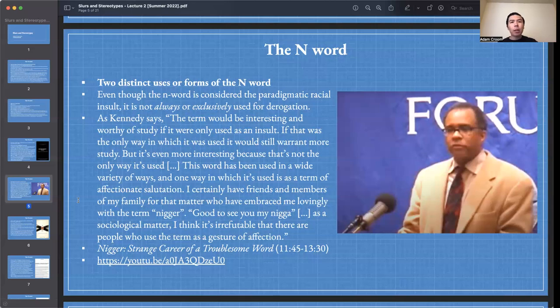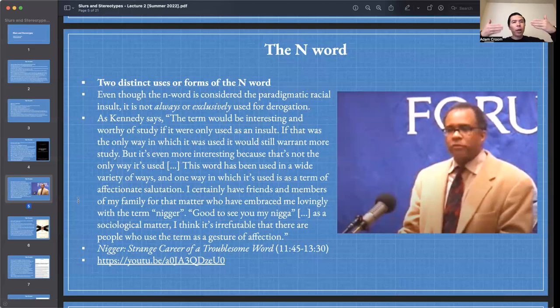Or maybe it's related to speaker identity. So when a certain type of person uses the relevant slur, it has a pejorative meaning, but when a different type of person uses it, it has a non-pejorative meaning. We want to be able to ask these different questions and come up with some systematic rules for how speakers know when to use the slur and how recipients know how to understand the use of a slur.